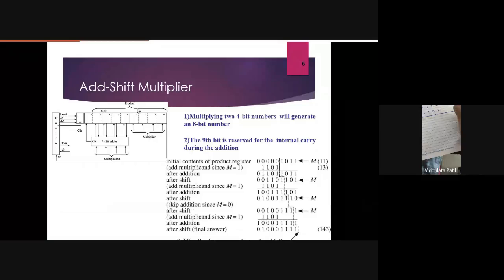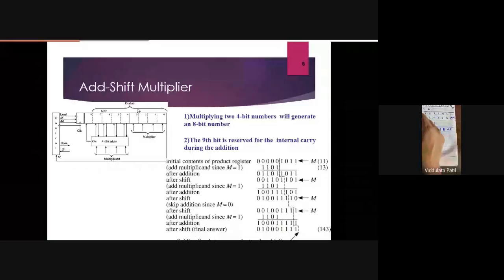So 1 plus 0 is 1, 0 plus 0 is 0, 1 plus 0 is 1, sorry, 1 1 plus 0 1 0 plus 1 that is a 1, 1 plus 0 is 1, 1 plus 1 is 0 carry 1, 1 plus 1 is 0 carry 1. So here it will be 1 0 0 1 1 1 1 0 1.